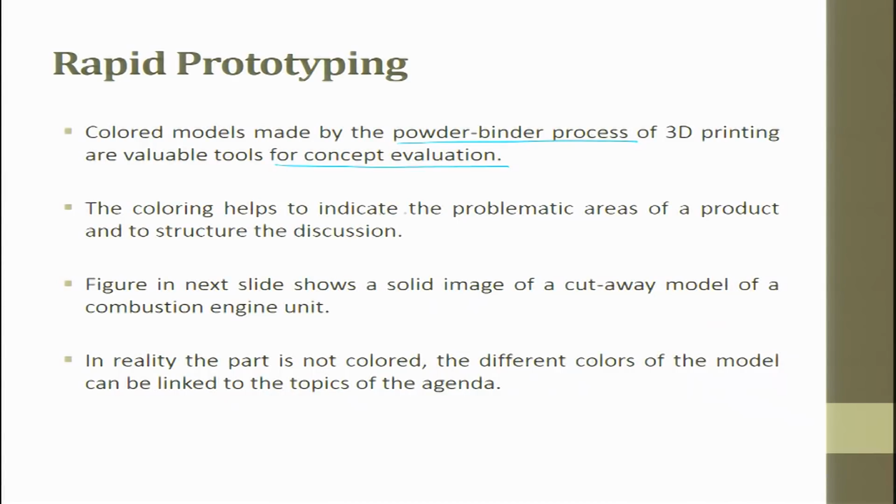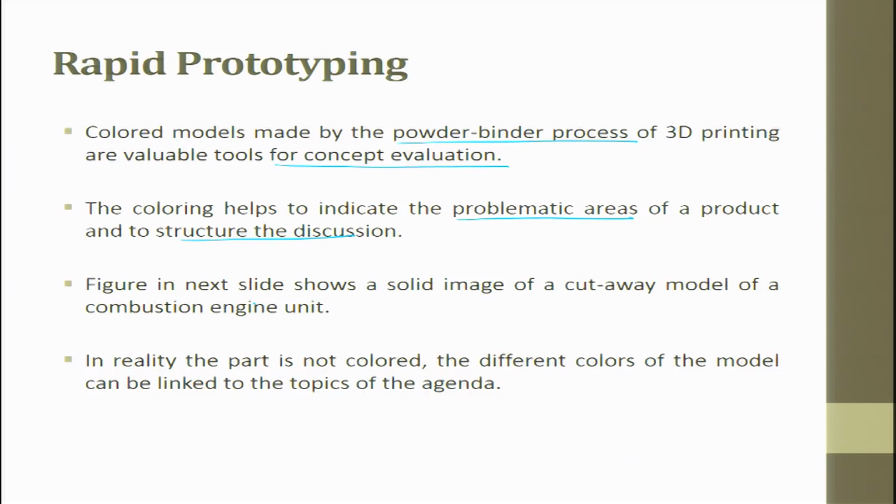So, in rapid prototyping you have this advantage: you can also blend colors while developing the part. The coloring helps to indicate the problematic areas of the product and to structure the discussion.